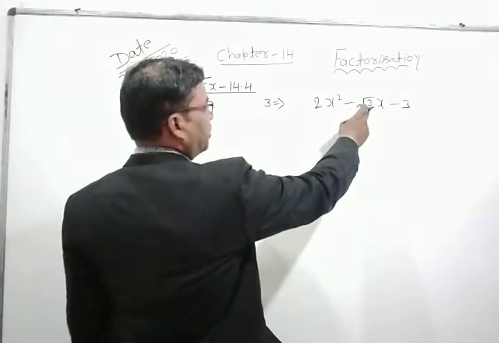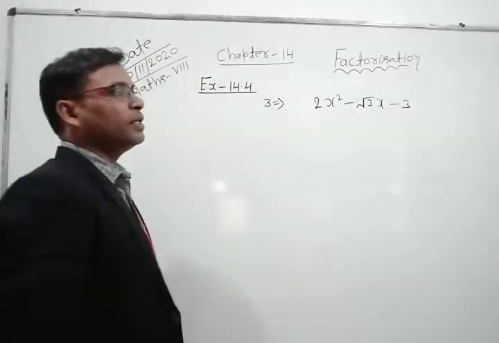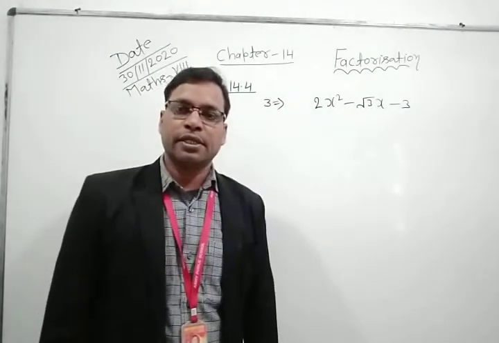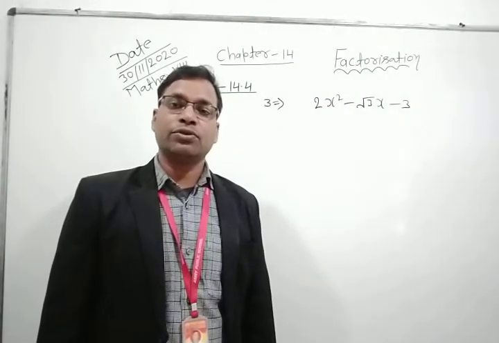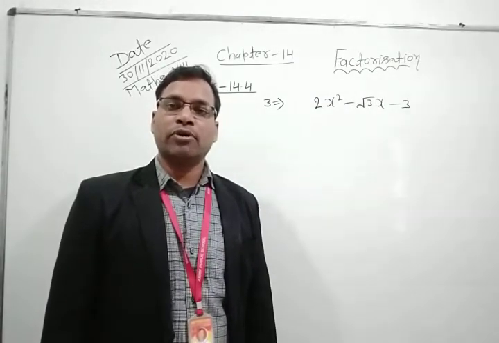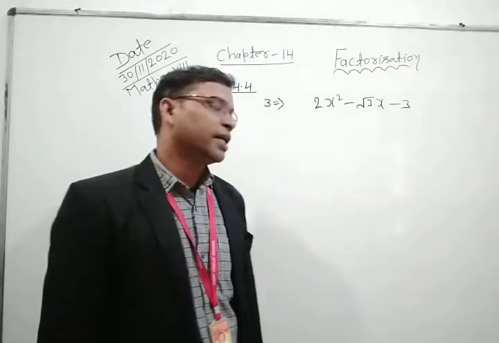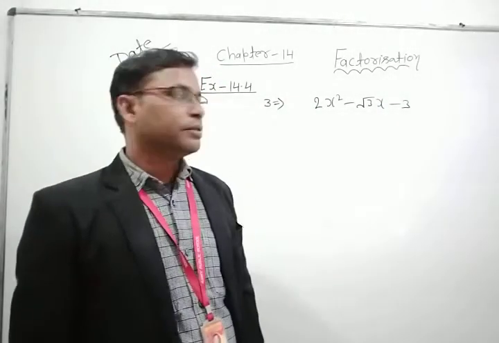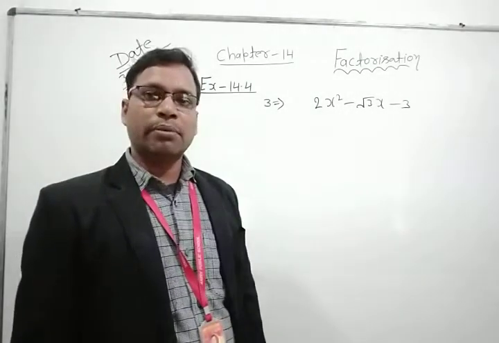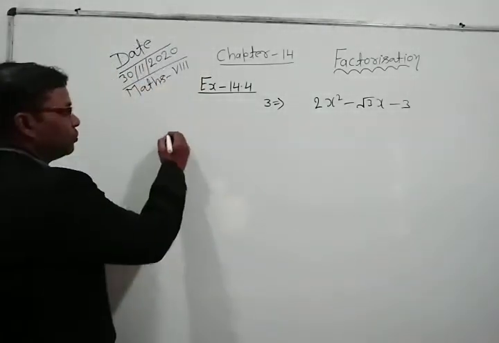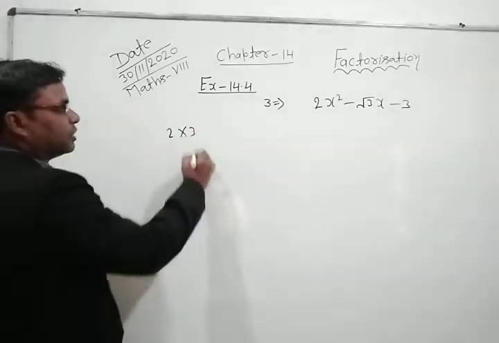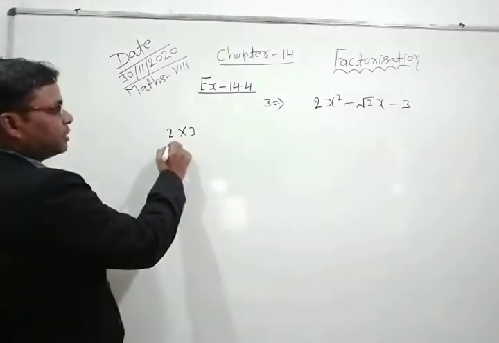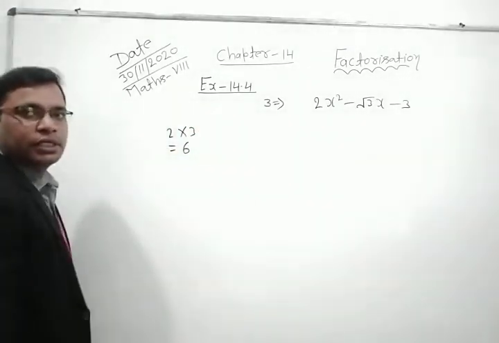We split the term root 3 such that the product is 6, because if you multiply the coefficient of x square and the constant term, we obtain 6. The coefficient of x square is 2 and the constant term is 3. Their multiplication is 6. This is clear.